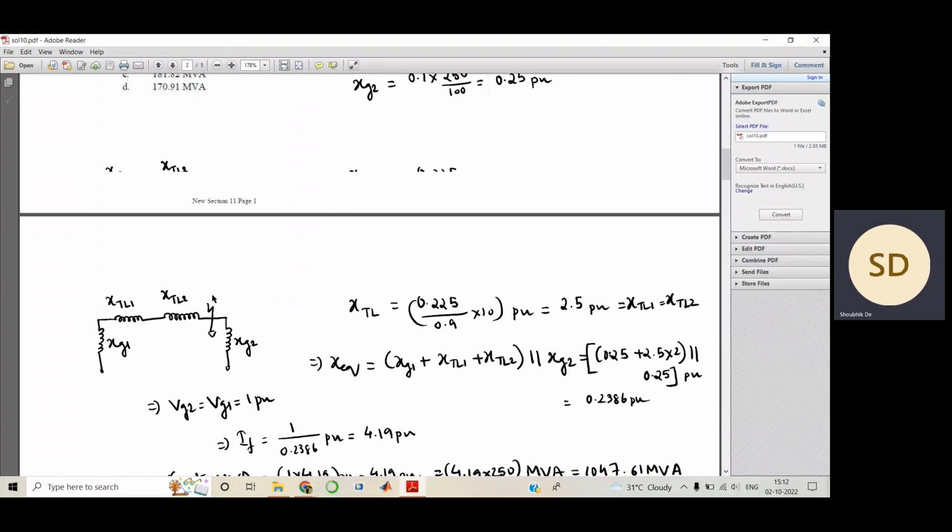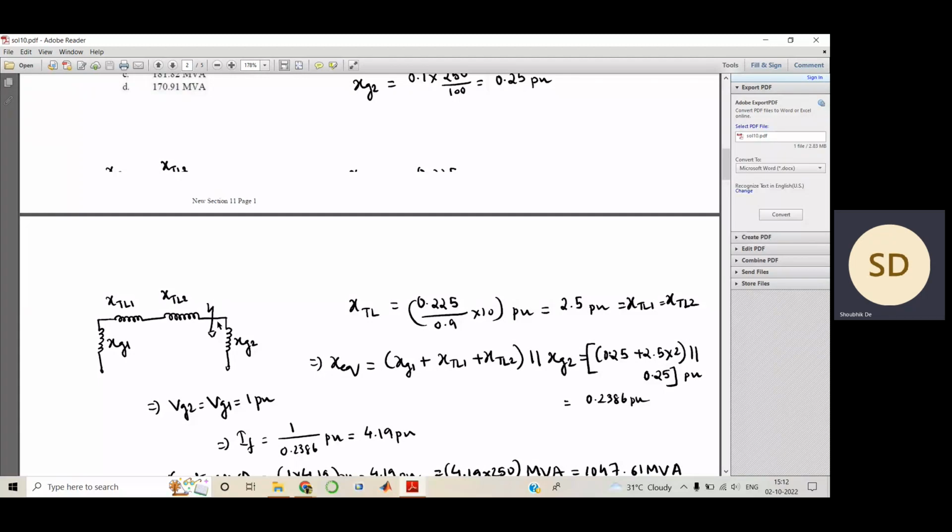Now we have to find the fault level at this point. This becomes kind of a parallel system, because you need to find the equivalent reactance of the system. Then you divide the voltage by it to find the fault current, and then multiply the voltage and current to find the fault MVA.